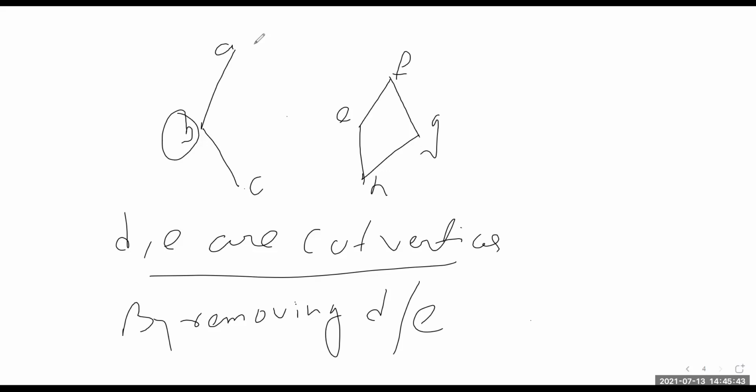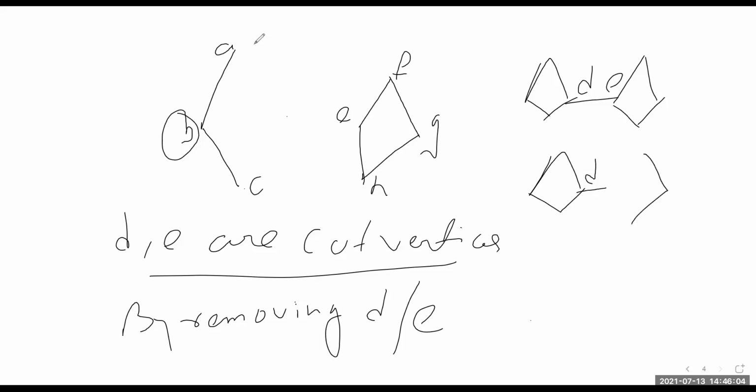The connected graph means a graph was like this. This is our cut vertices. If we remove D, this is the resultant.